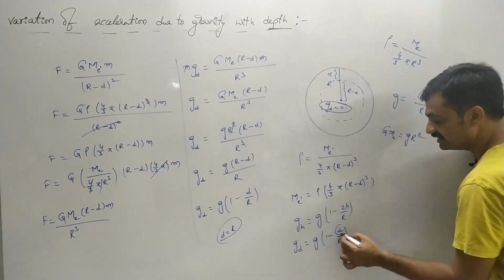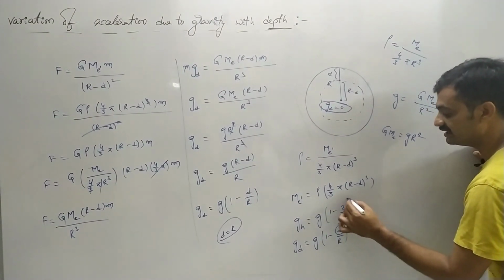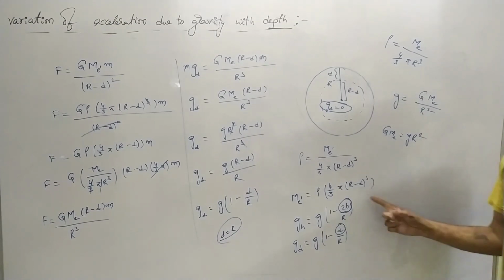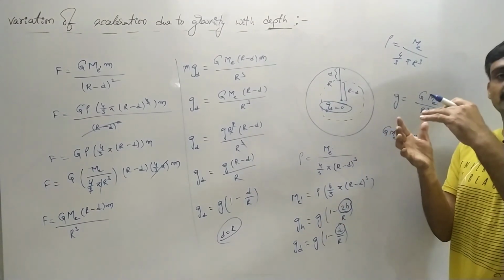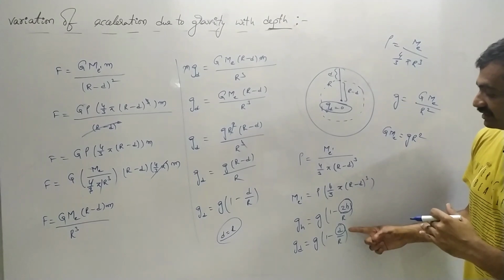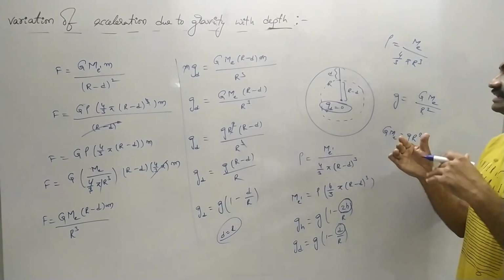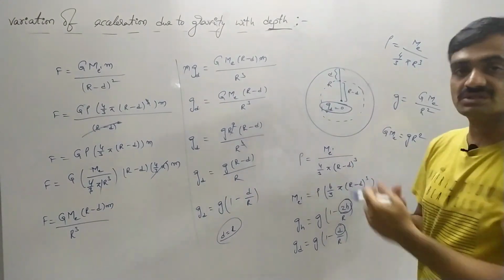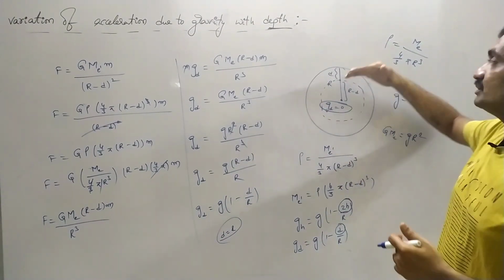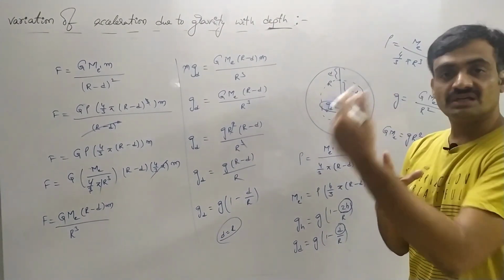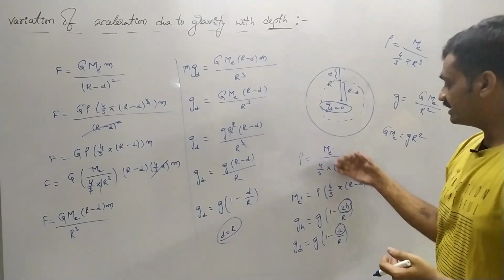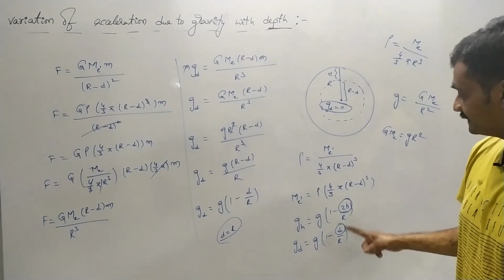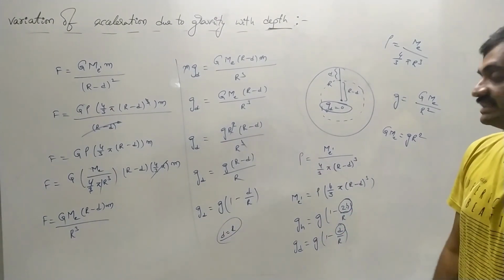Observe that here depth d is equal to twice the height, meaning the decrease in acceleration due to gravity towards the center of the earth is less as compared to the decrease as we move in an upward direction. As we move up, acceleration due to gravity decreases more as compared to when the body moves towards the center of the earth.